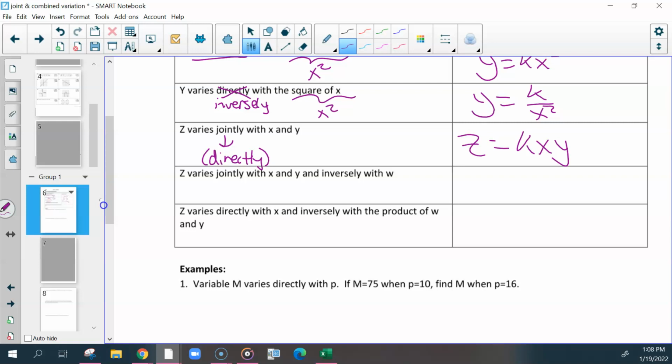This next one now has varies jointly and inversely. Well, we know this part, because that's the same thing, so we can write that part: z equals kxy. How would we write and inversely with w? Divide this entire side, the right side, by w.